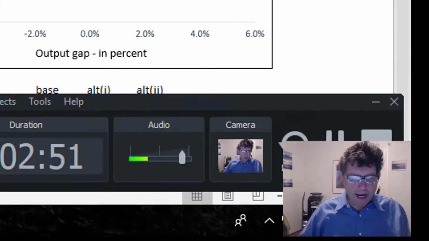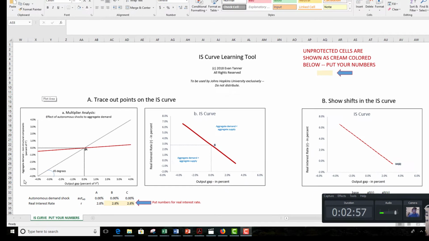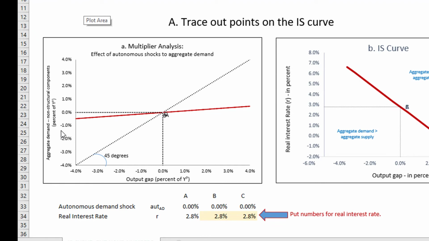Okay, so let's go here to our tool, and you will recognize over on the left hand side the familiar Keynesian cross.